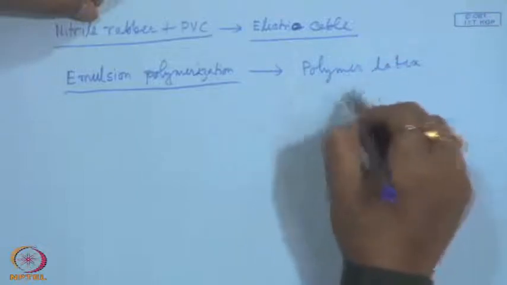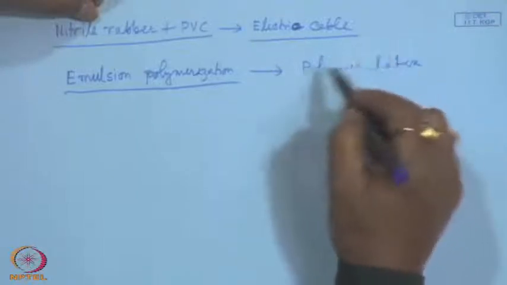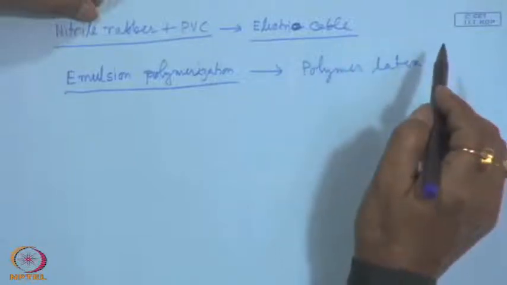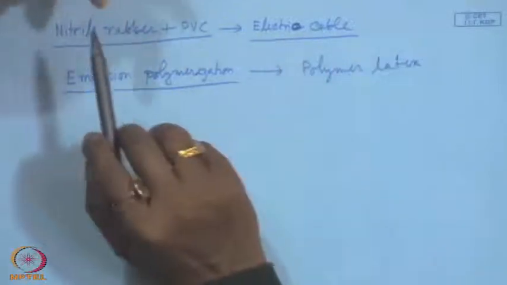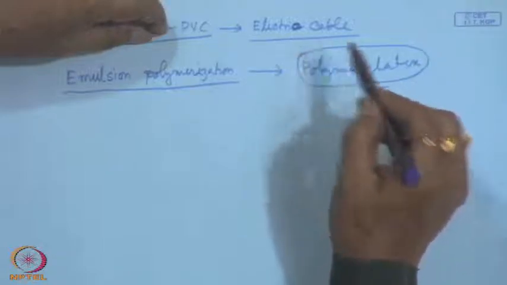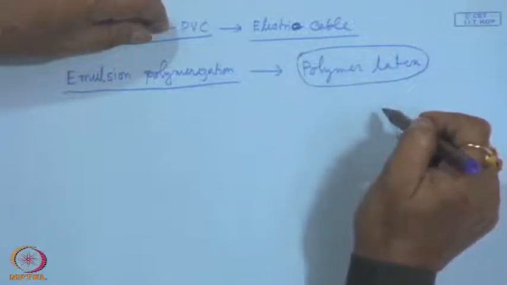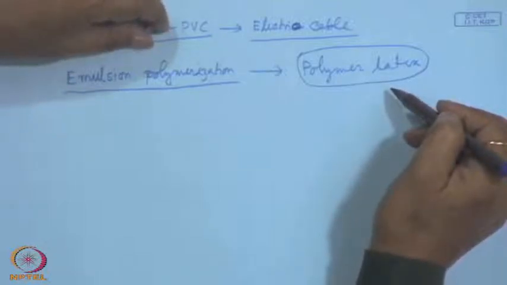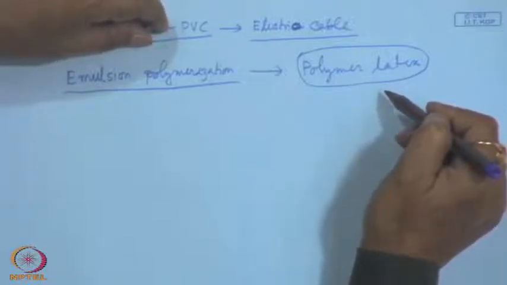That means, polymer molecules are dispersed in a dispersion medium, stabilized by emulsifier molecules. So, that is known as polymer latex. Now, this polymer latex can be used directly to make some product, or the polymer is coagulated for isolation from the emulsion or from the latex to obtain a dry polymer.